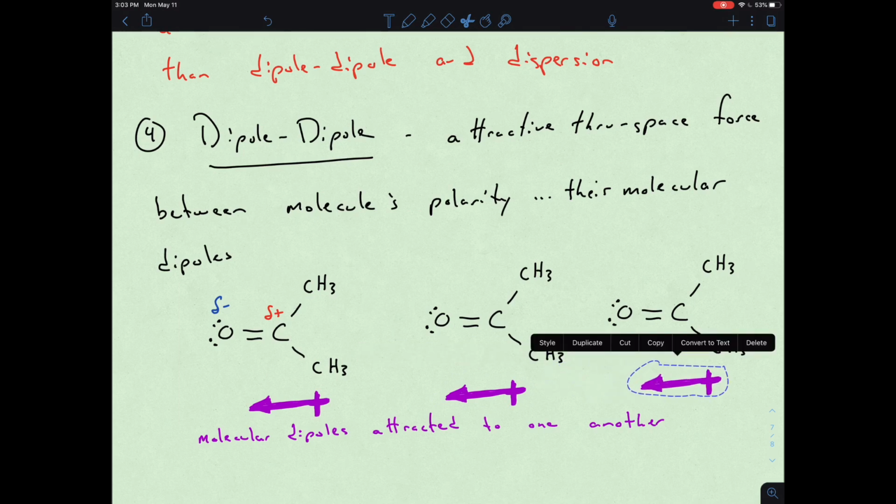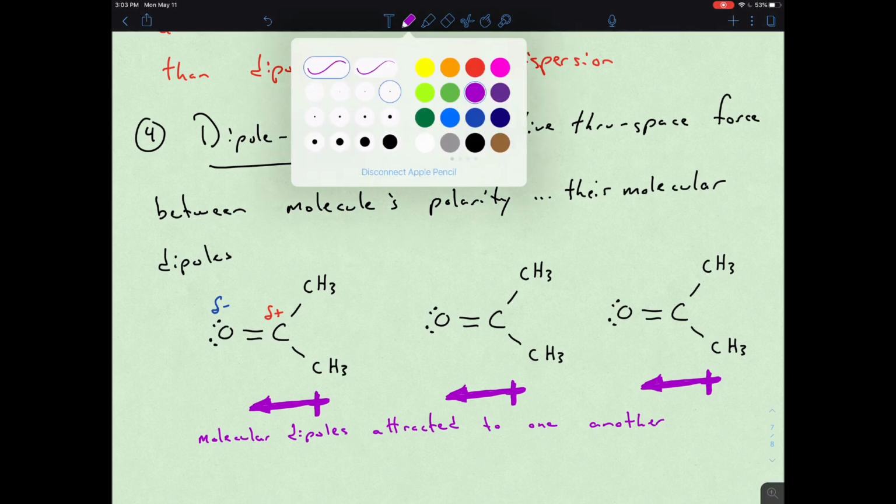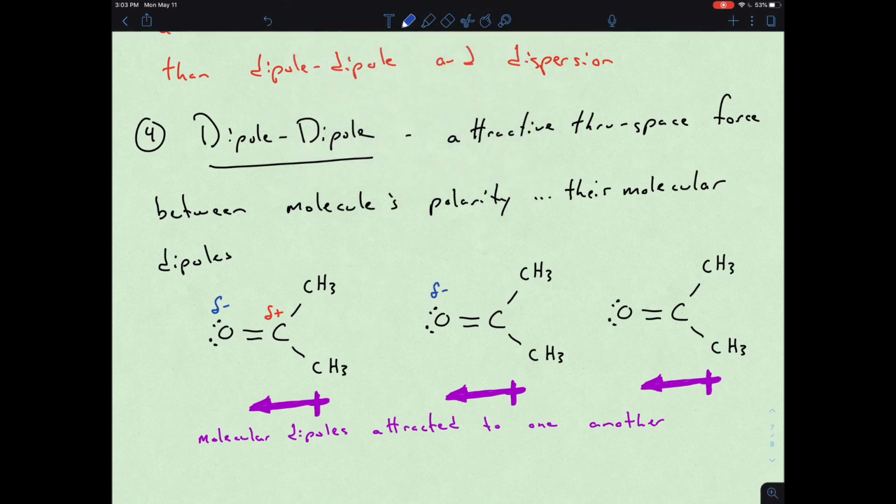They're all the same molecule. And as a result, there's this through space attractive force now between the negative part of the molecule and the positive portion of the molecule. And so our through space attraction is right here.